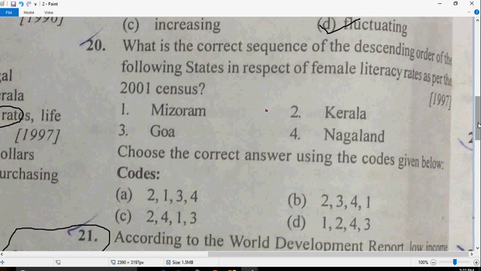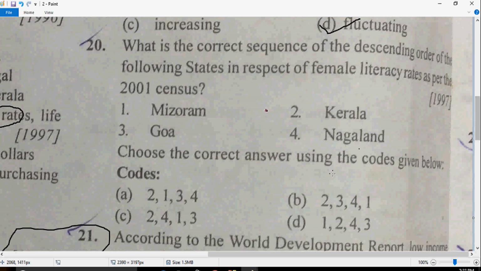According to the 2001 census, the correct descending order of states for female literacy rate is: Kerala 87.7%, Mizoram 86.7%, Goa 76.5%, Nagaland 61.5%.